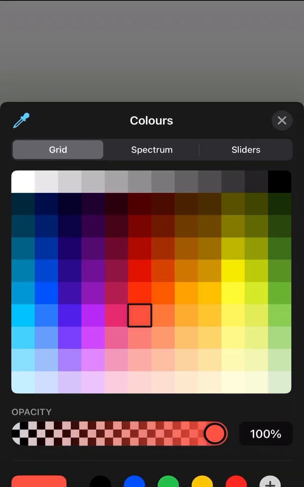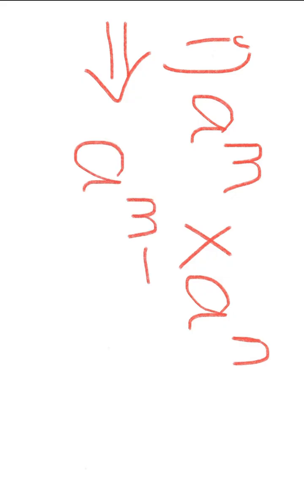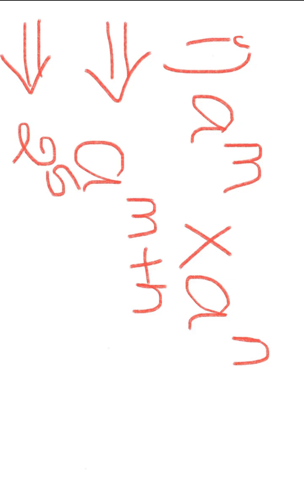The first law that we'll be discussing is a raised to m into a raised to n, which gives a raised to m plus n. Let us take one example: 2 raised to 5 into 2 raised to 3.